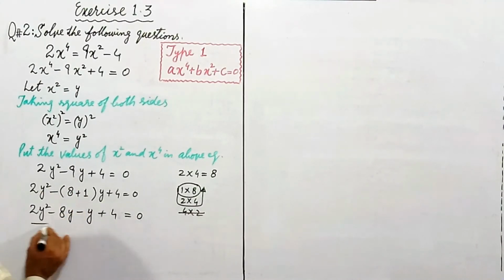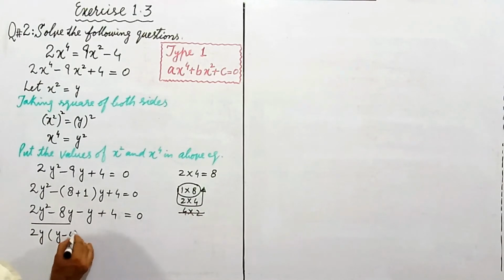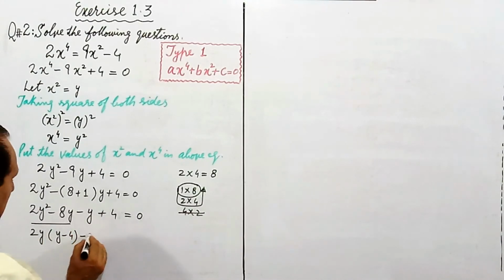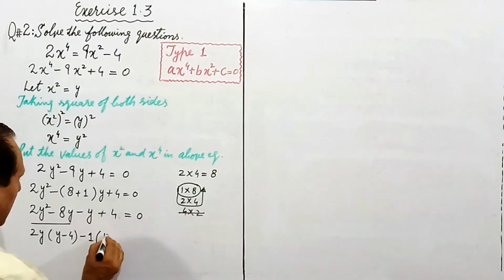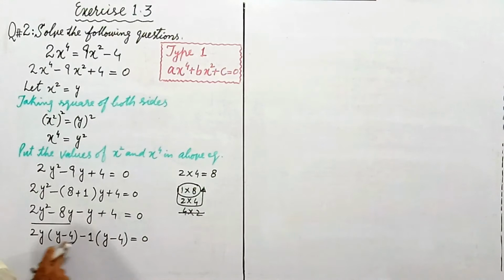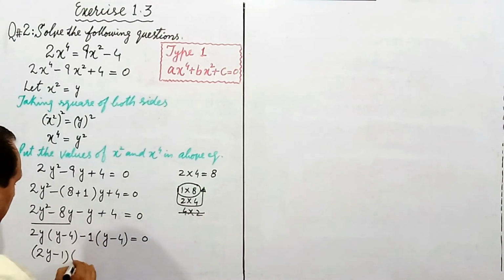Now we take 2y as common. From the first two terms we have y minus 4 as a factor, and in these two we take minus 1 as common. So y plus 4 will become y minus 4 is equal to 0. 2y minus 1 we write as the first factor, and according to the right property of taking common, we write y minus 4 as the second factor.